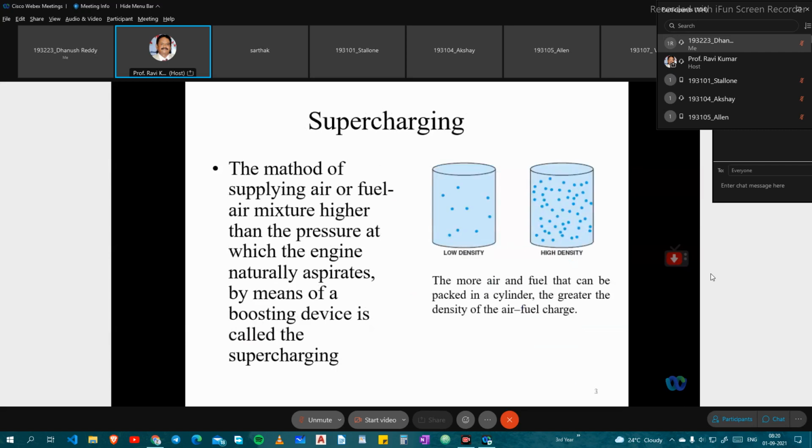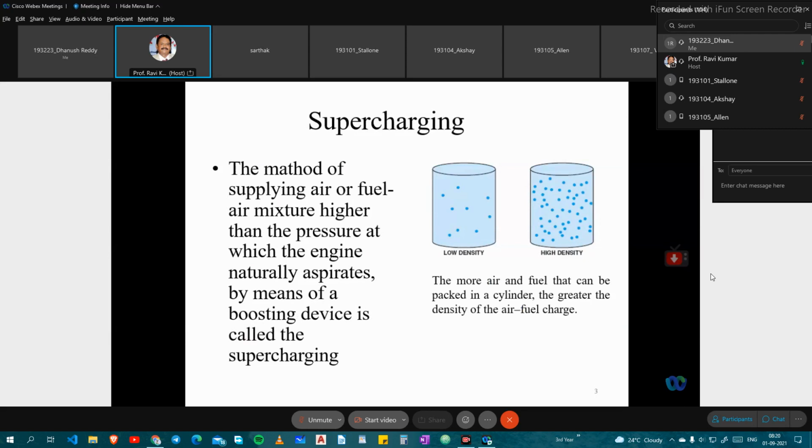And what is supercharging? Basically, the more air and fuel that can be packed in a cylinder, the greater the density of the air-fuel charge. The method of supplying an air or fuel-air mixture at a pressure higher than the pressure at which the engine naturally aspirates, by means of a boosting device, is called supercharging.